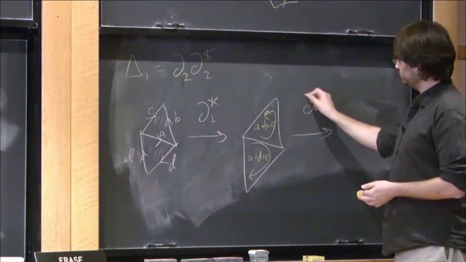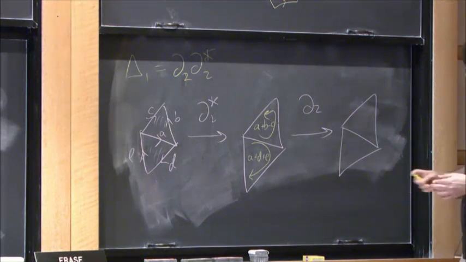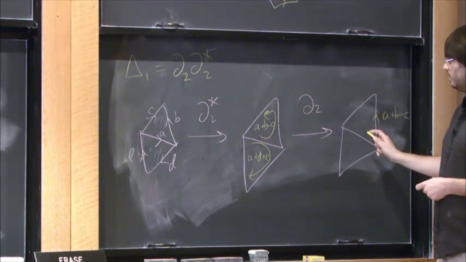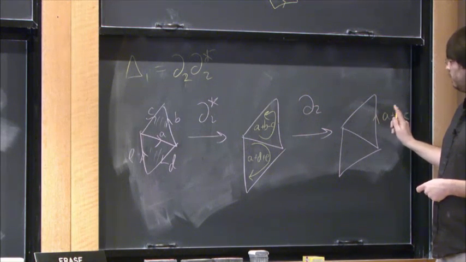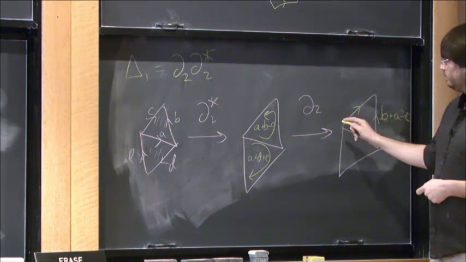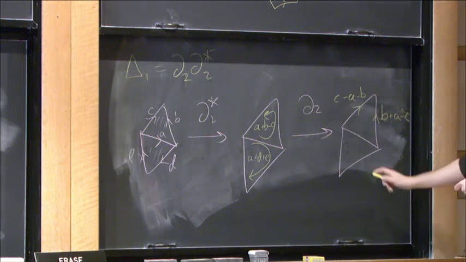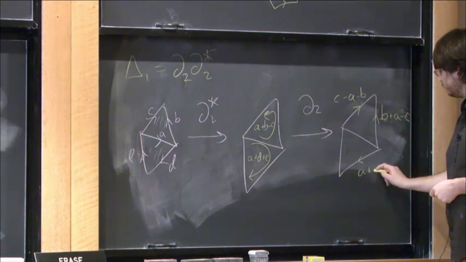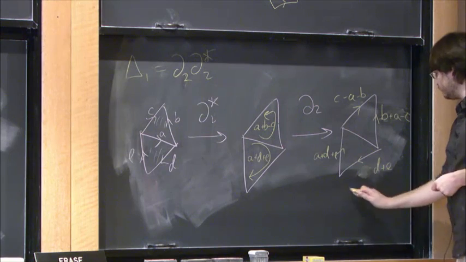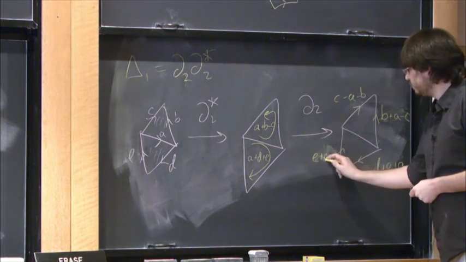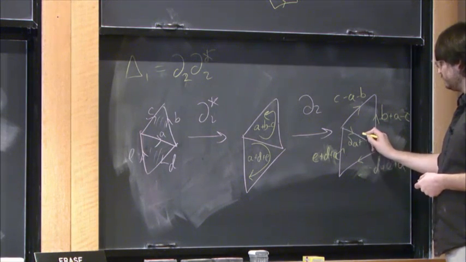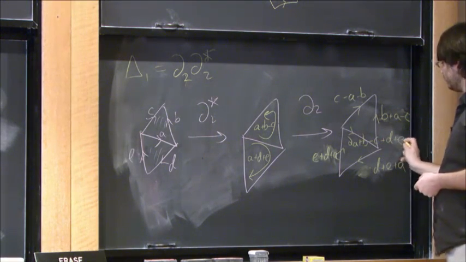And now the boundary. For both of these, I will get A plus B minus C. I'll put here B plus A minus C. Here it's C minus A minus B. And here it's D plus E plus A, and here E plus D plus A. And here it's 2A plus B minus C plus D plus E. So what happened here?